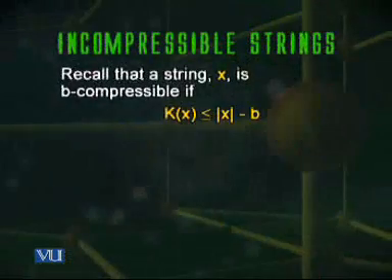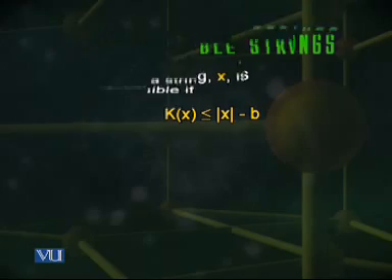What we did was we proved a few theorems about it. Let's recall that a string x is called b-compressible if its descriptive complexity is less than or equal to the length of the string minus b. So, in order to describe this string x, what we can do is save at least b bits.